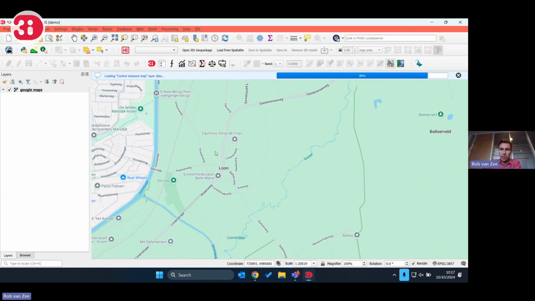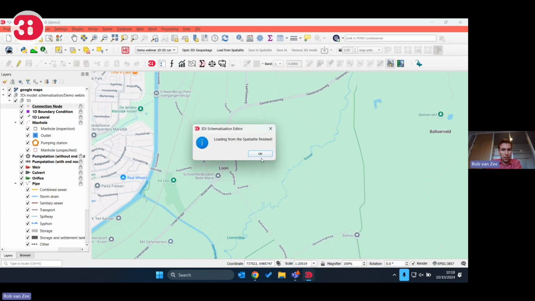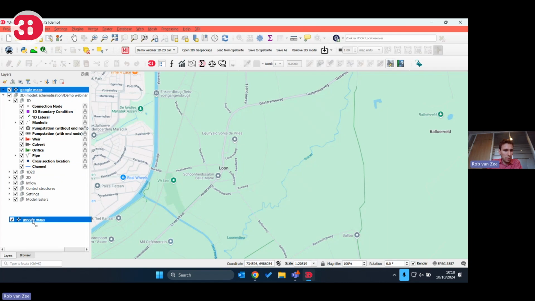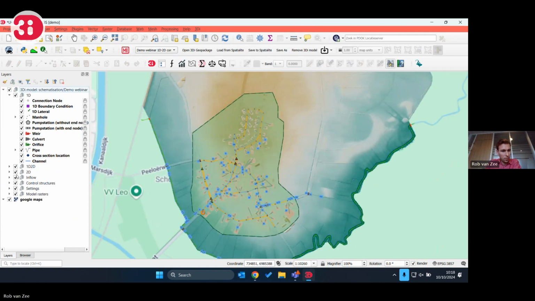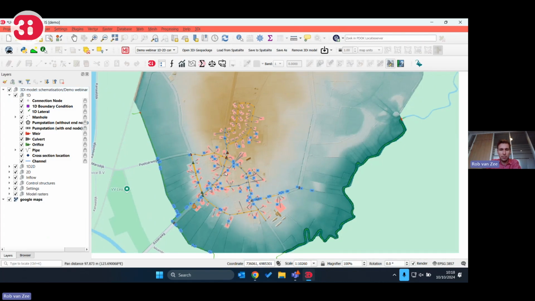And then we're going to look at what's happening in the small village. And we'll also show you some things that are possible with stylings, which I use a lot. Okay, I'll put the map below. And we'll put the grid refinement off for now so we can see it a bit clearer.